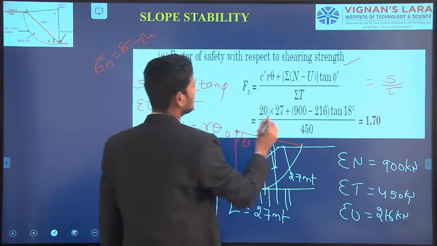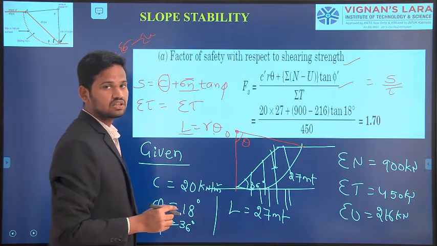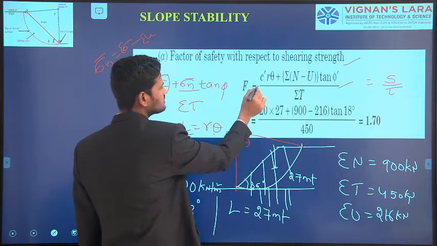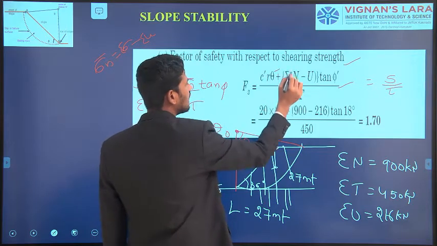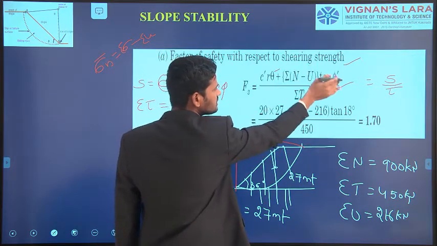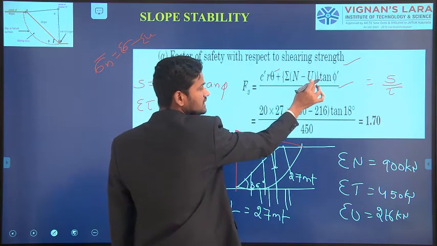And again, this is the formula we have derived from the shear strength and shear stress derivation. Factor of safety Fs equals C dash into r theta plus summation of effective stress into tan phi, where effective stress equals total stress minus pore water pressure.